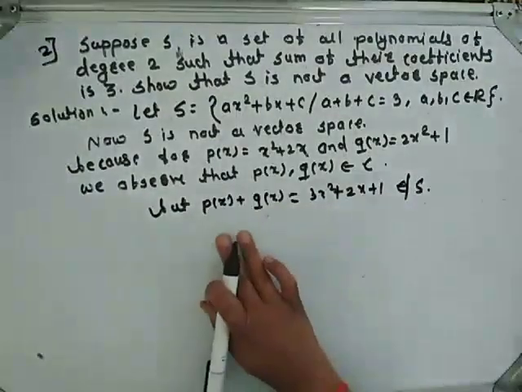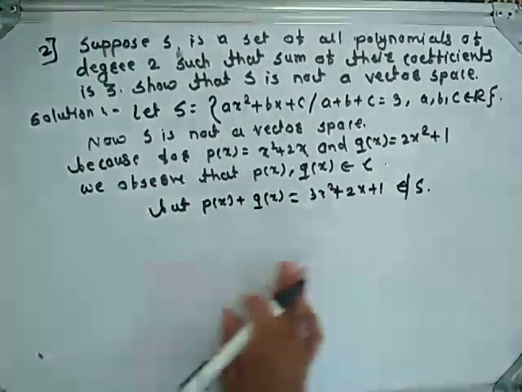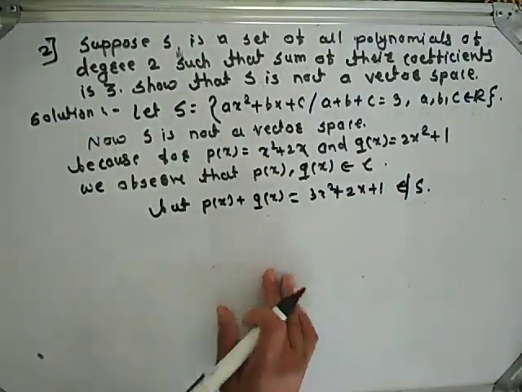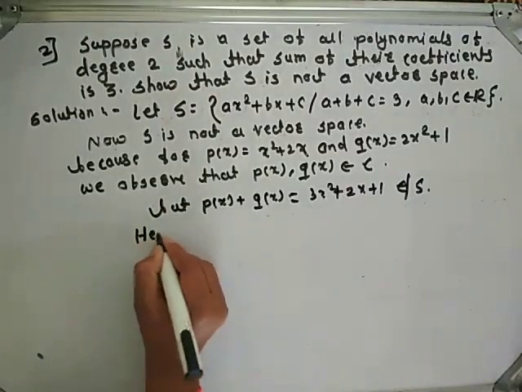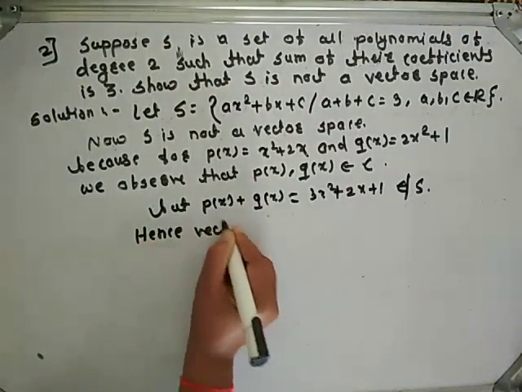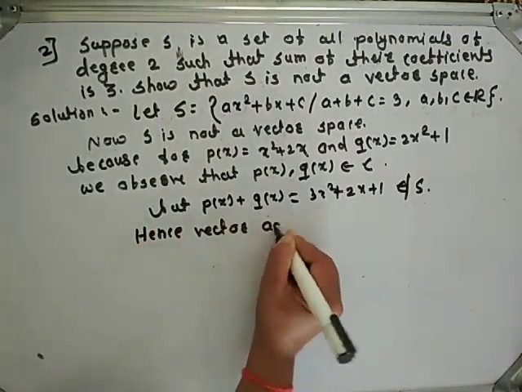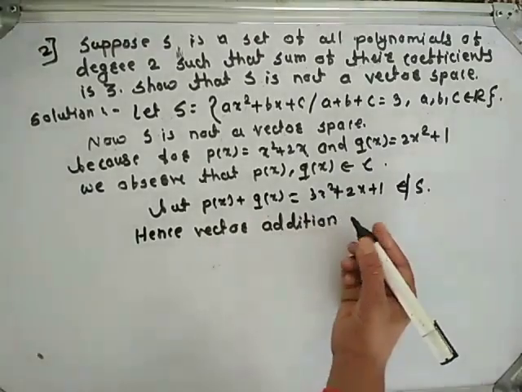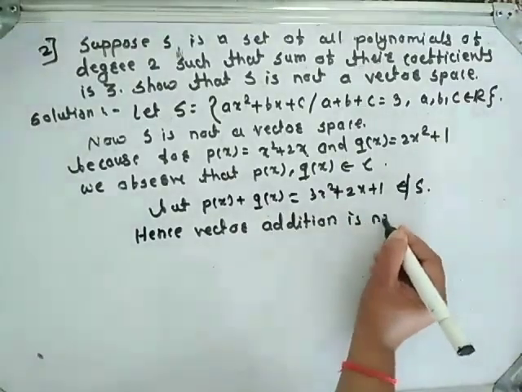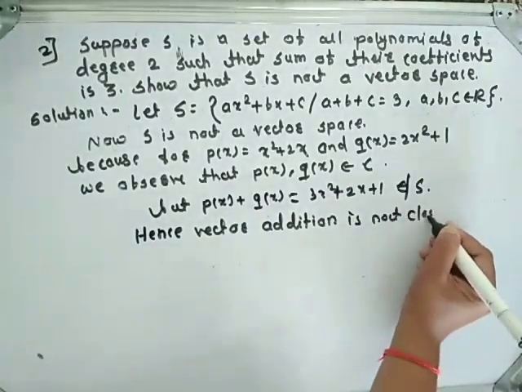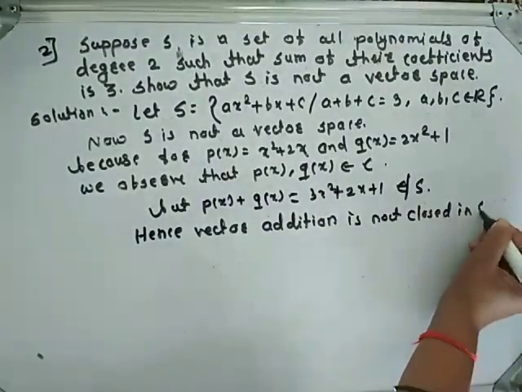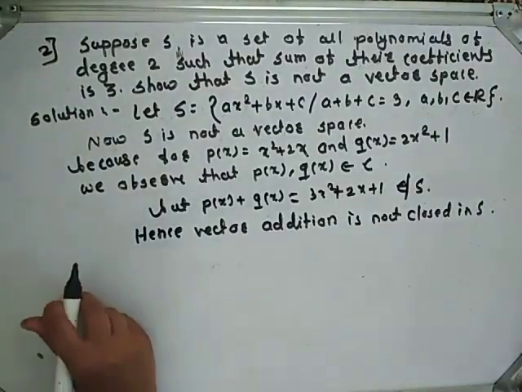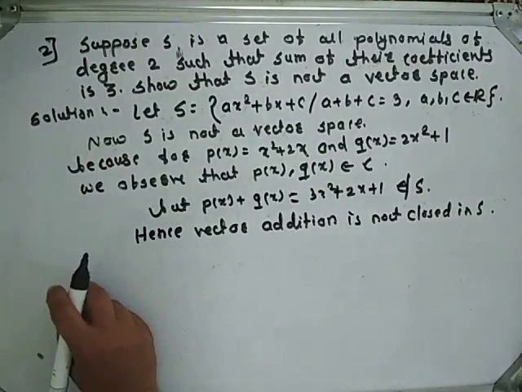That's why this sum does not belong to S. Hence vector addition is not closed in S. Therefore, S is not a vector space. Okay.